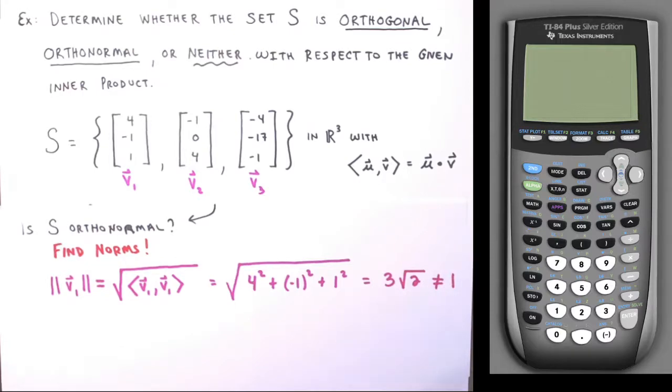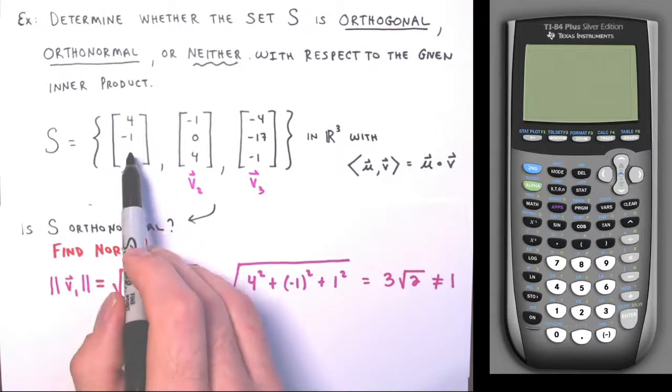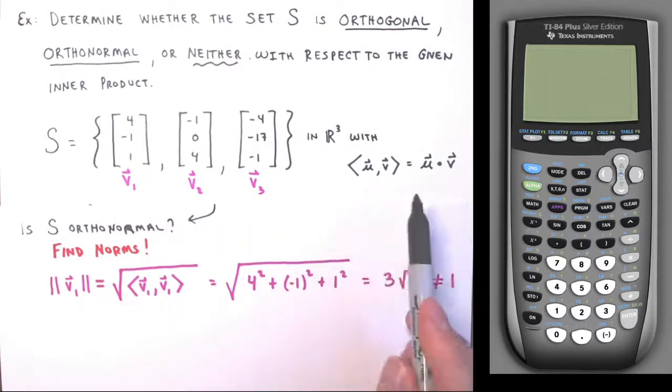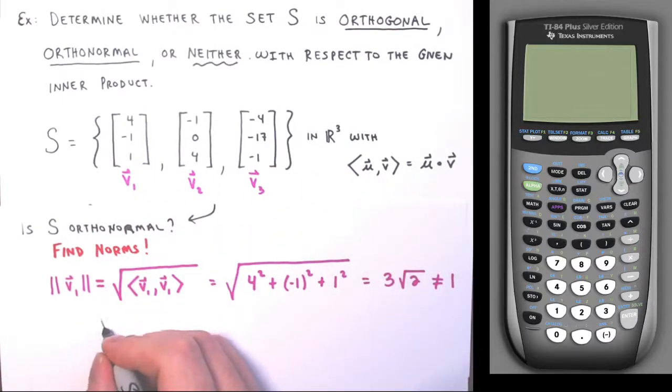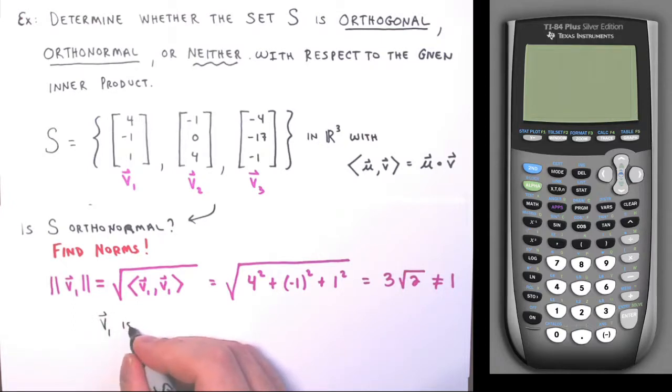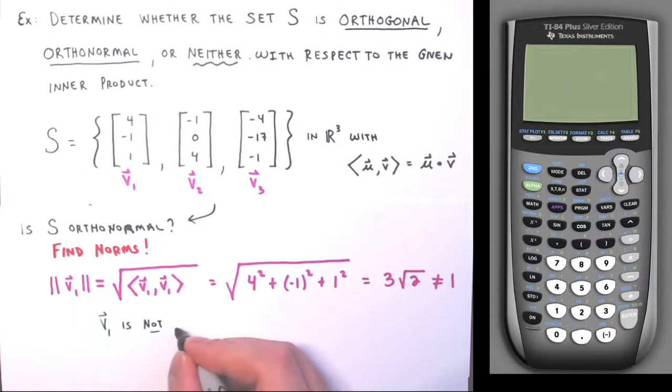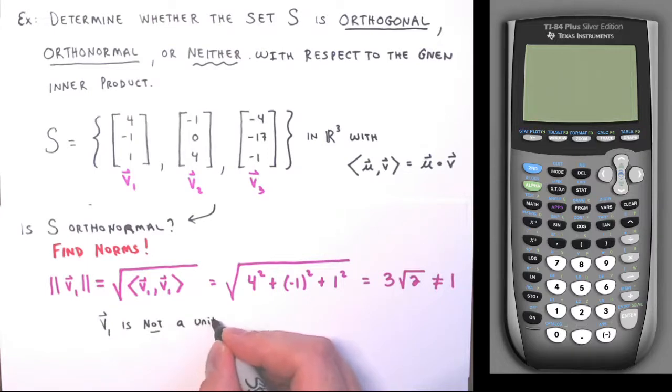So v1, this vector with components 4, negative 1, 1, under this inner product, is not a unit vector.